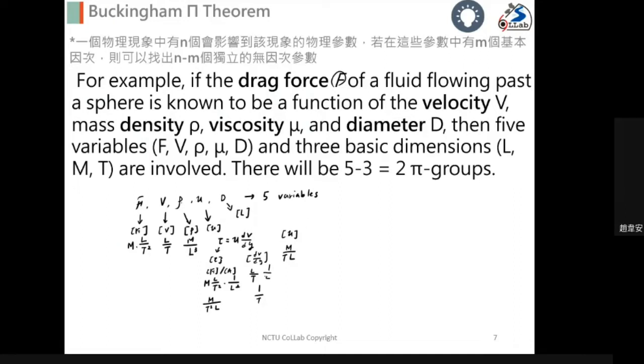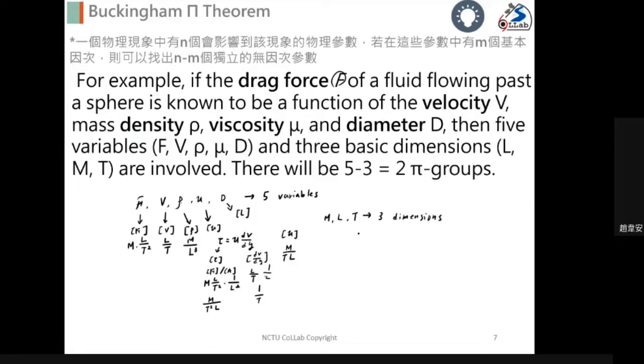So we just count how many dimensions are involved. We have the mass M, we have the length L, and we have the time t. So totally we only have 3 dimensions for our problem.